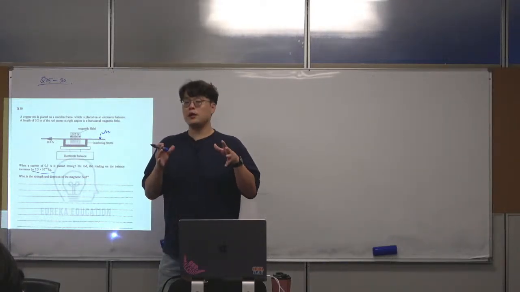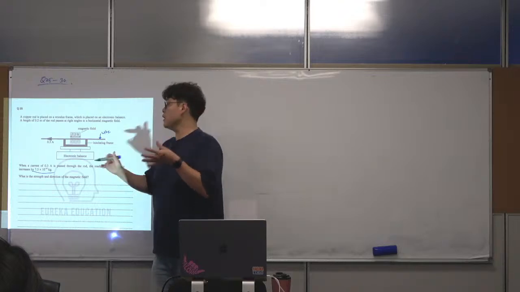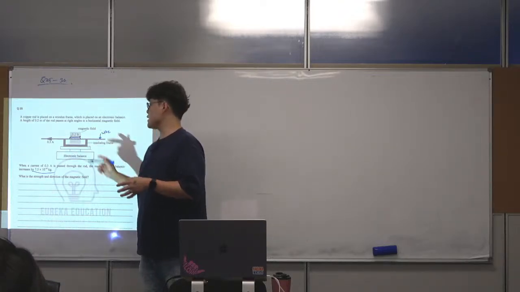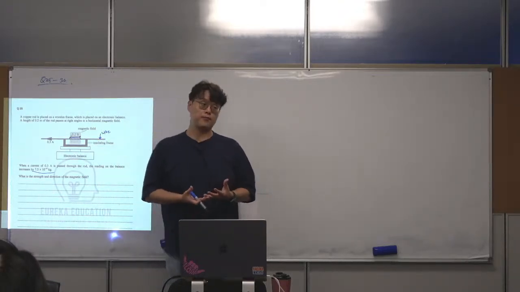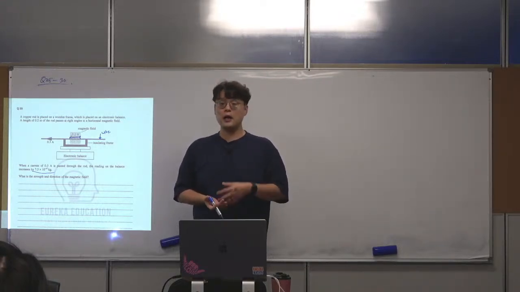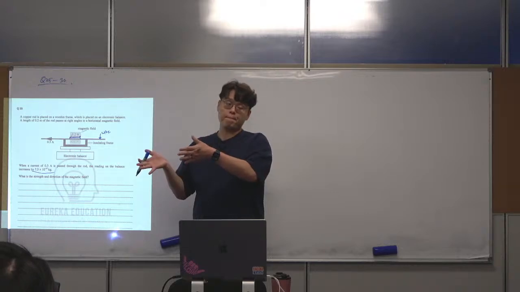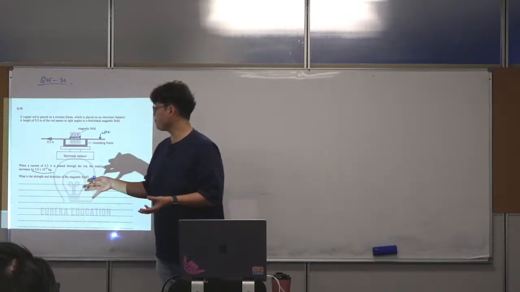We are not concerned about the whole length, because we're only taking account of the region that is affected by the magnetic field. This is a motor effect question again, because it's indicating the interaction between the current carrying wire and the magnetic field.